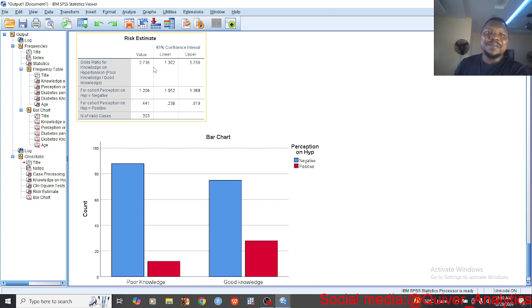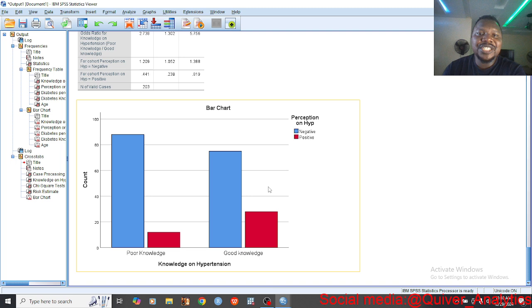It can be confusing when compared to people with good knowledge of hypertension. What this means is that the better the knowledge on hypertension you have, the more likely you have a good disposition or perception towards hypertension, while people with poor knowledge are more likely to have negative or wrong perception.